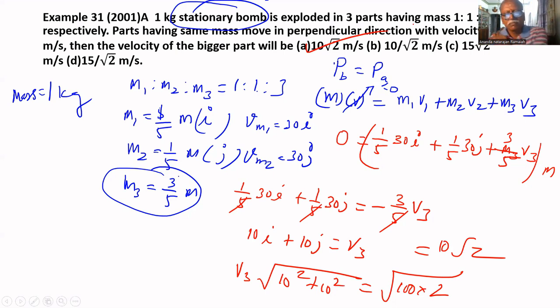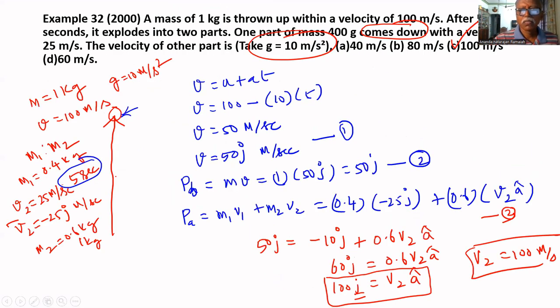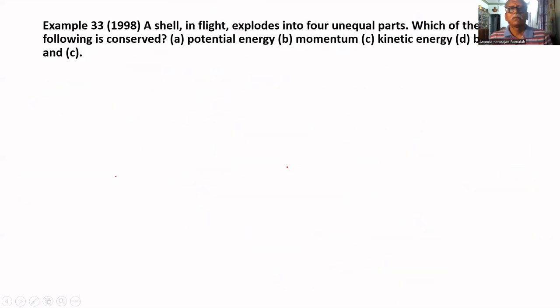Shall I move to next sum? Yes, sir. A shell in flight explodes into 4 equal parts, M1, M2, M3, M4.